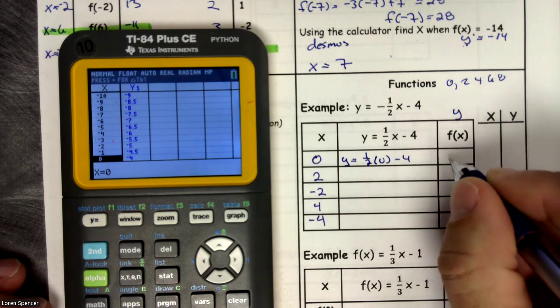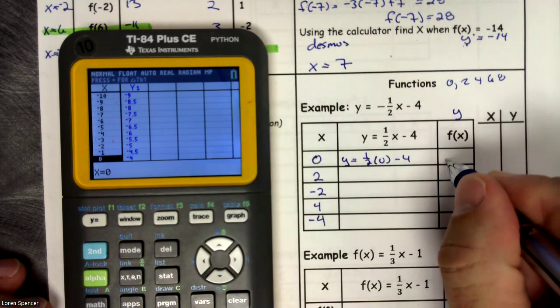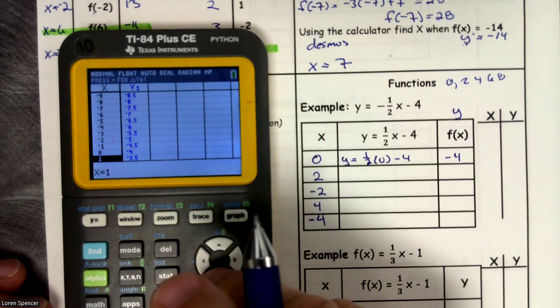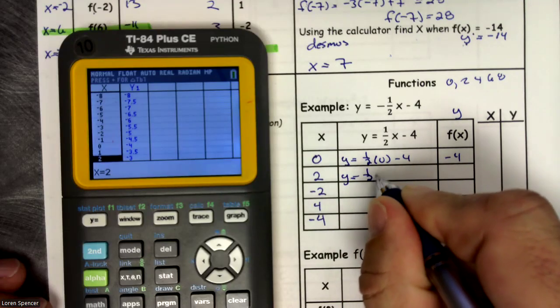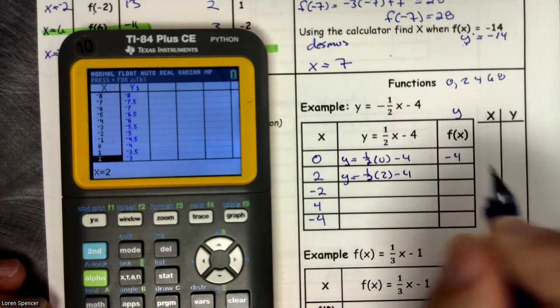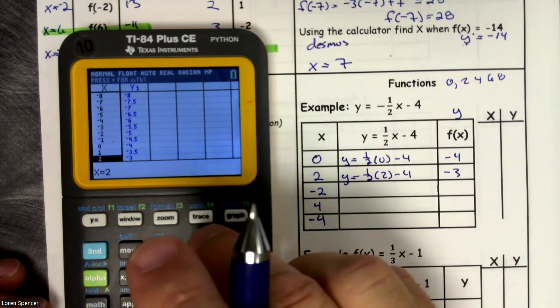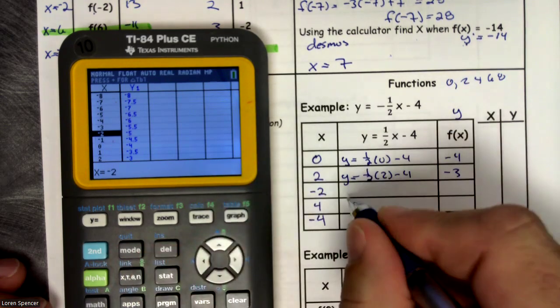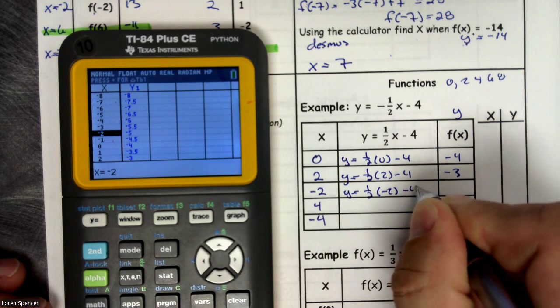And that tells me that we end up with -4. When I go to 2, I have y equals 1/2 times 2 minus 4. And that gives me -3. And I go, oh, we want -2. So y equals 1/2 times -2 minus 4.